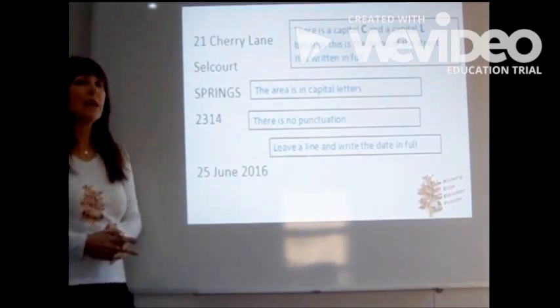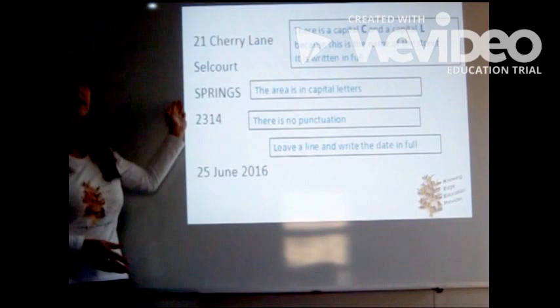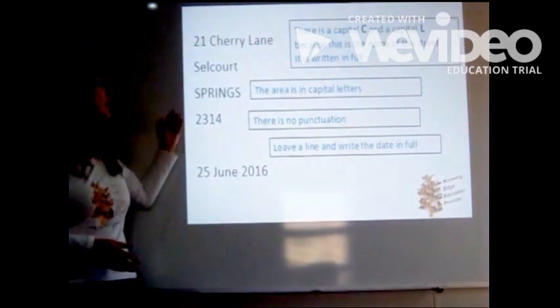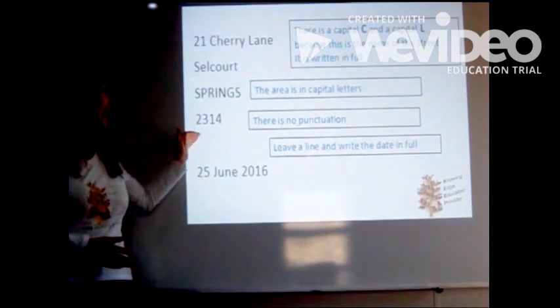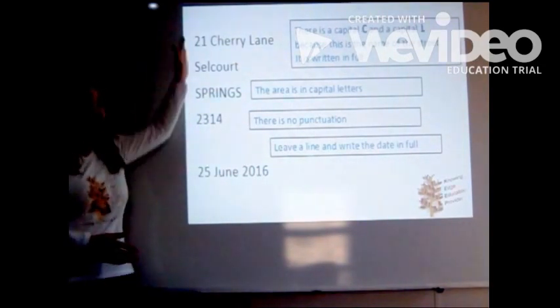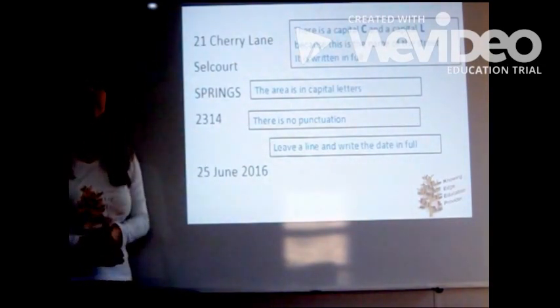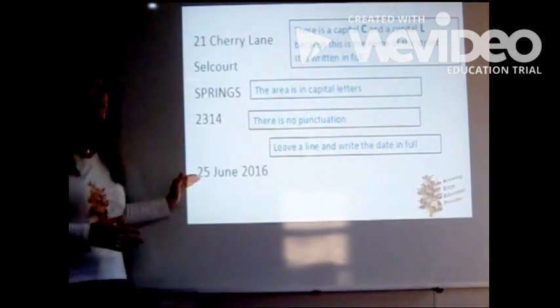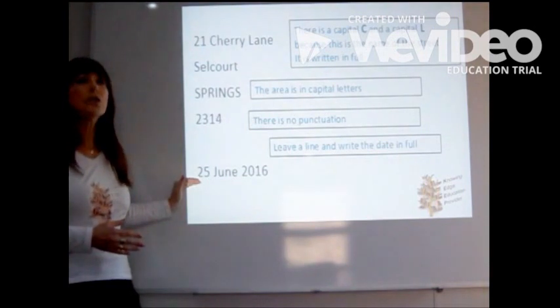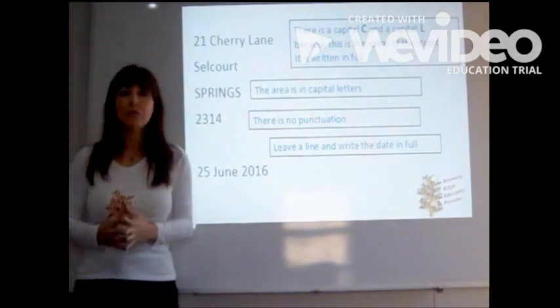Then we put in the area, and the district is in capital letters. We then put in the postal code, and we leave a line to put in the date. There is no punctuation in the first section of your letter. The date is written in full to avoid any confusion.